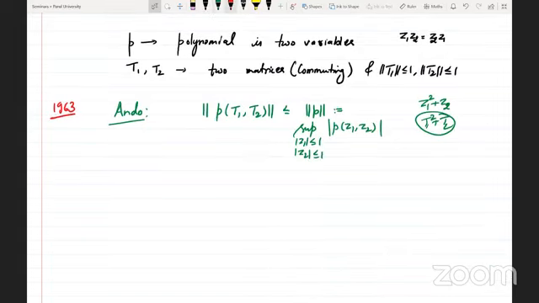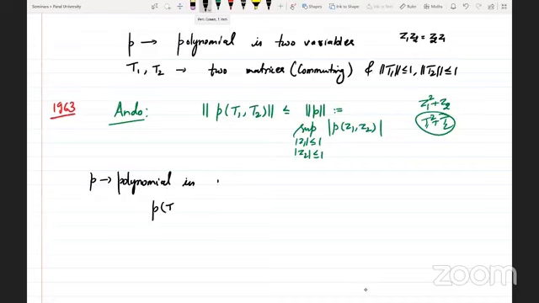But if you further ask this question in more variables, if you ask this question in more than two variables, the answer is no. Let me just write the setup in parallel: P is a polynomial in, let's say, m variables, Z1, Z2, up to Zm.